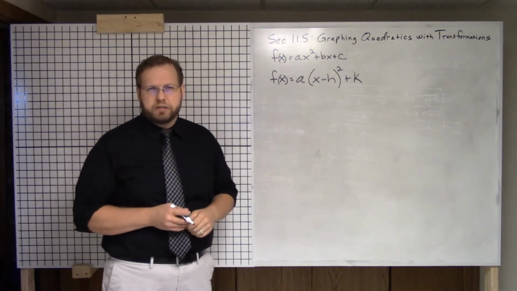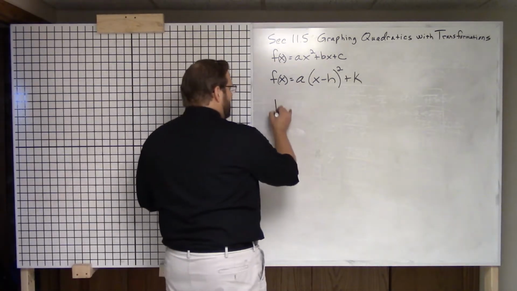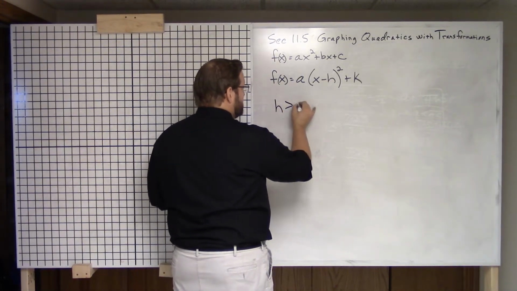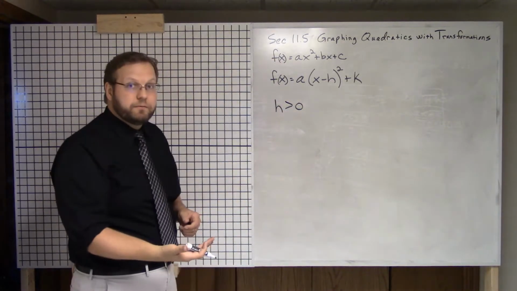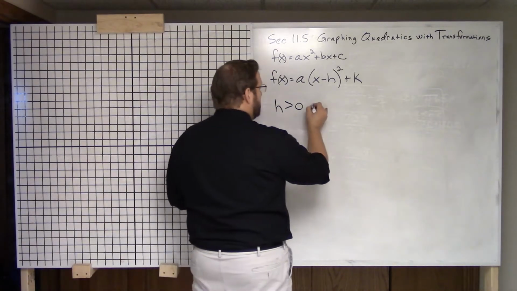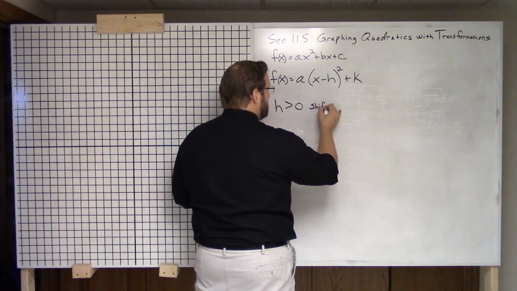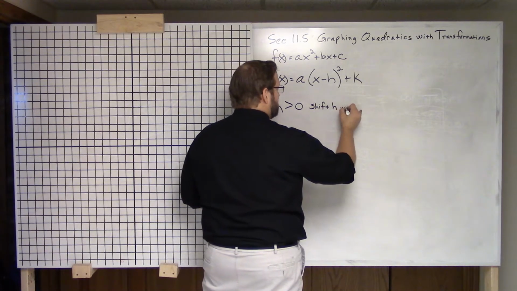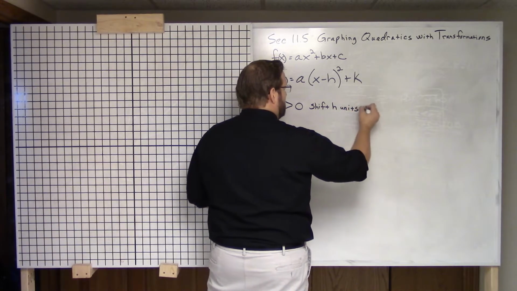Let's start with the h and the k. If the h value is bigger than 0, meaning it's positive, then we are going to shift the graph h units to the right.